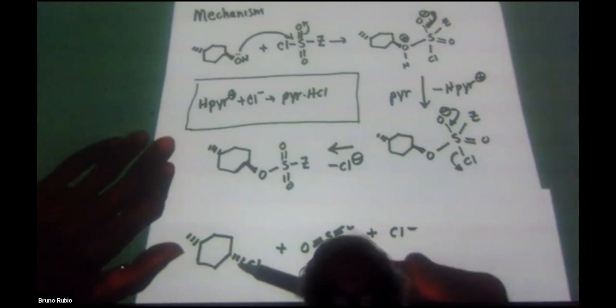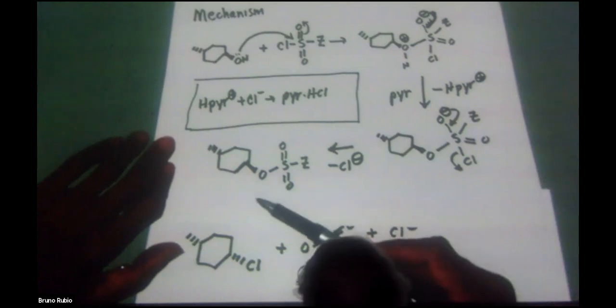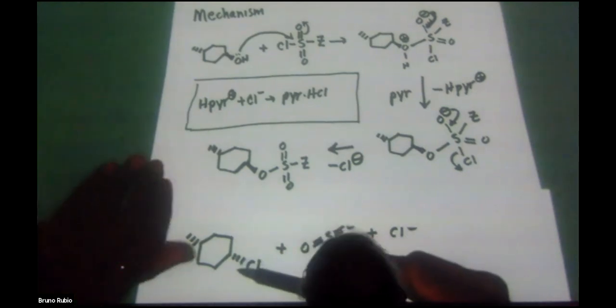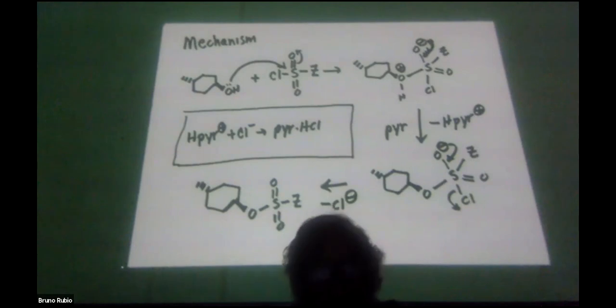Wedge OH became dash Cl. But for sulfonation, wedge OH stayed wedge OTs or wedge OMs or wedge OTf. So Darzens halogenation happens with inversion, whereas sulfonation happens with retention of configuration. And that's great for us in the chemistry laboratory because now we have control of stereochemistry.